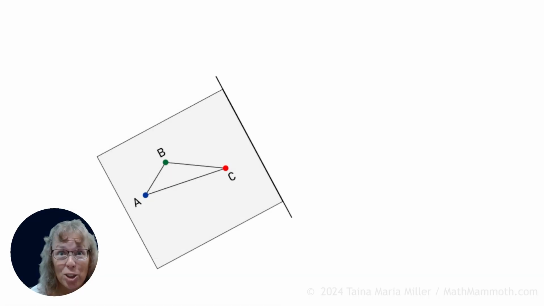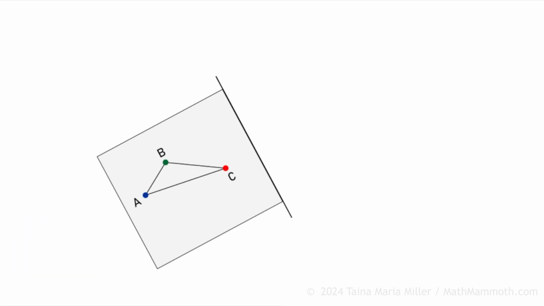Now I'm going to quickly show you how you can reflect figures using transparent paper. Here we have a triangle and the reflection line. And imagine that this rectangle here is picturing a paper where you have drawn a triangle. And if you want to reflect it, it is extremely easy to reflect it using the paper.